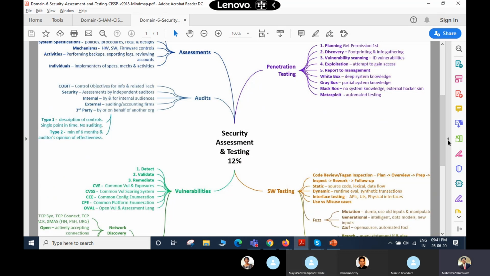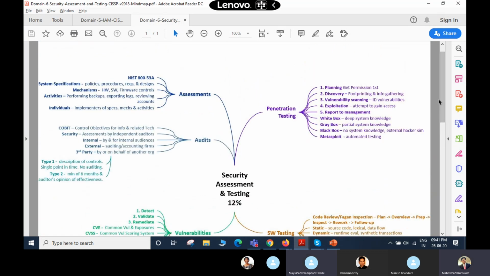Then we write it down and forward the information. There are two types of research.